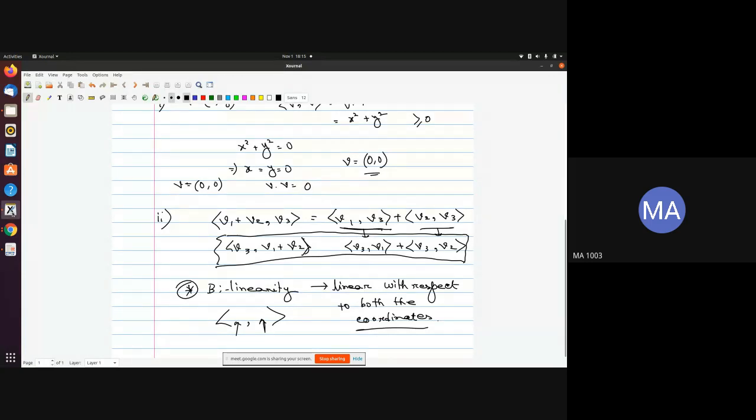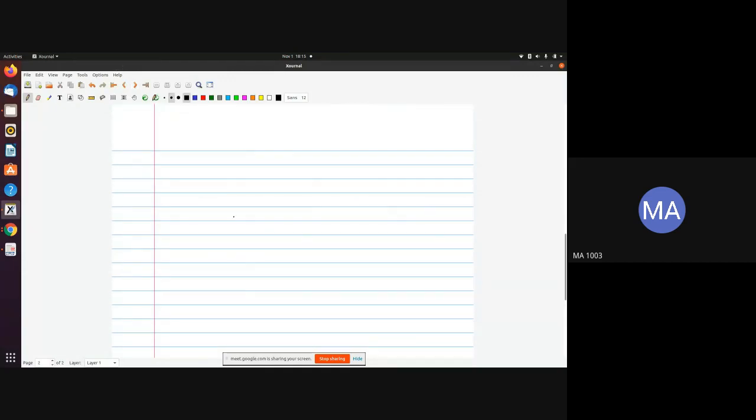So forget about inner product. Bilinearity comes up at many places. Suppose I have any map from two sets A cross B to something, suppose C. So I have two coordinates in this place, f of A, B, and it is going somewhere in C. Now, when will I call this function a bilinear function?